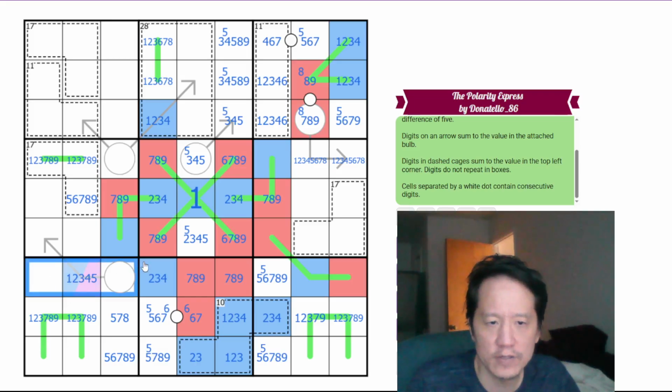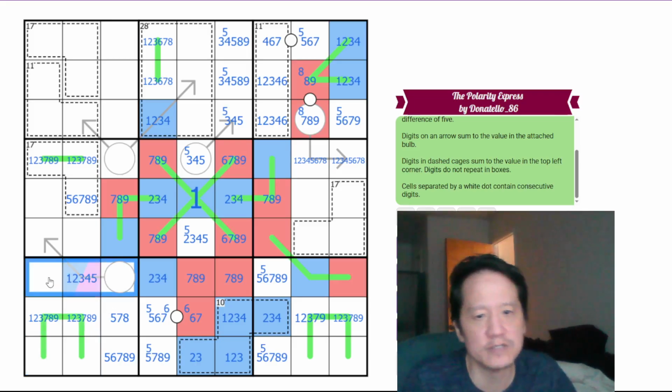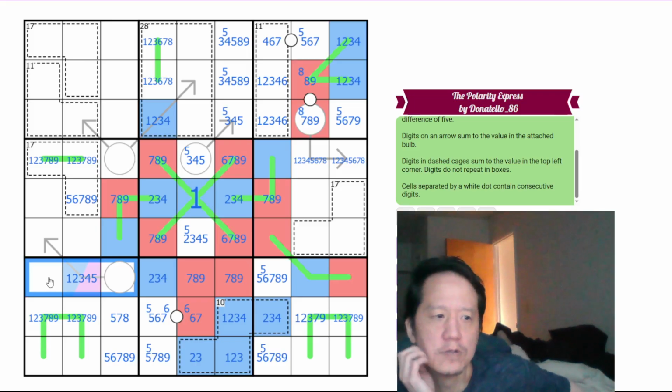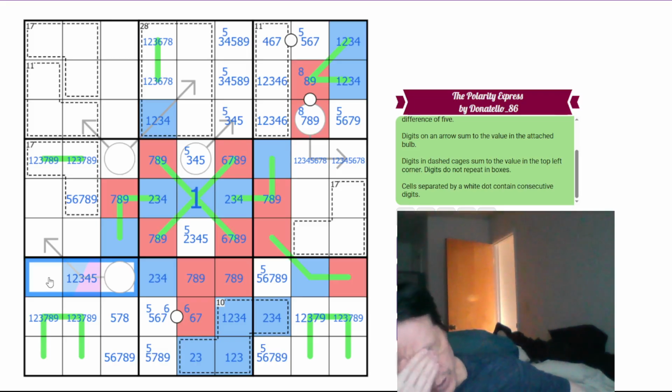This has to have at least 2 lows here because these can't be low. There's only 2 lows here. So at least, actually, it has to be exactly 2 lows here. And it could be the 5 with it, or it could be a high digit. We're not sure which.